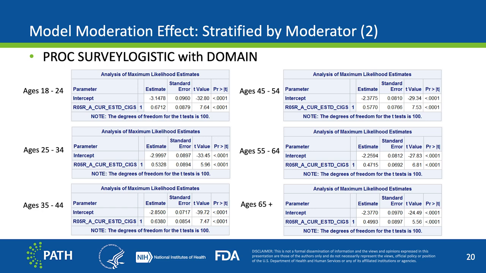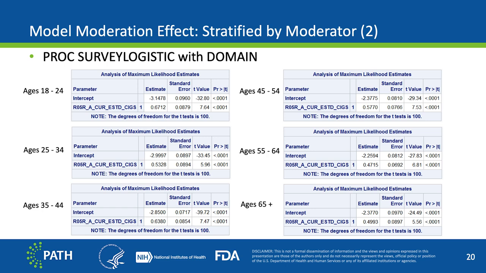Continuing with the rest of the results from the code on the previous slide, we will now report the estimate by each of the 6 age categories. If we just focus on the coefficient for the cigarette use variable, you can see the value of the estimates varies across the categories and are definitely different from 0.52.